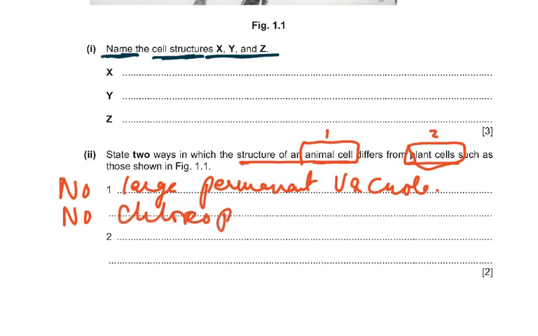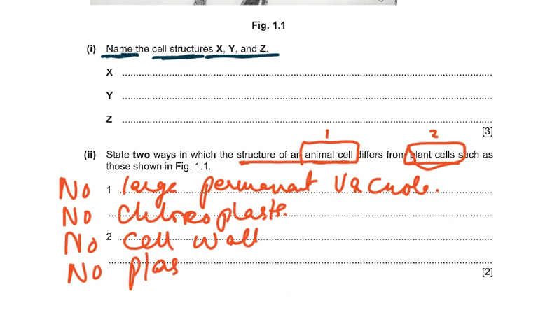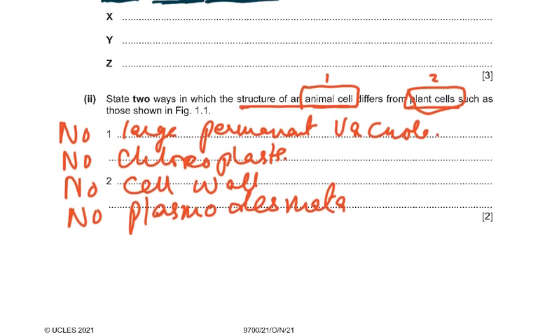No chloroplast in the animal cell. No cell wall in the animal cell. That was a very basic one. I don't think anybody could have lost marks on this because I'm sure you all are pretty brilliant and you know all these answers. So no plasmodesmata. You know that there's no plasmodesmata in it.